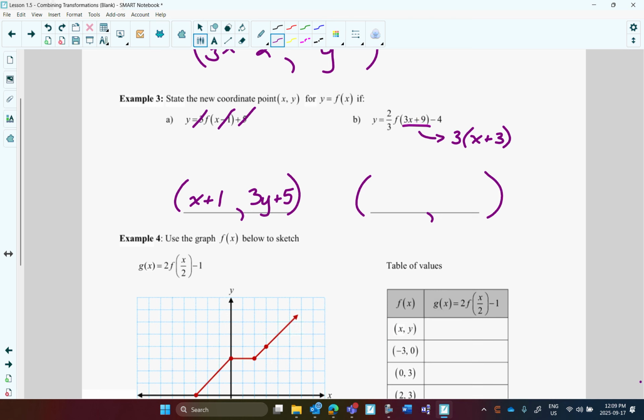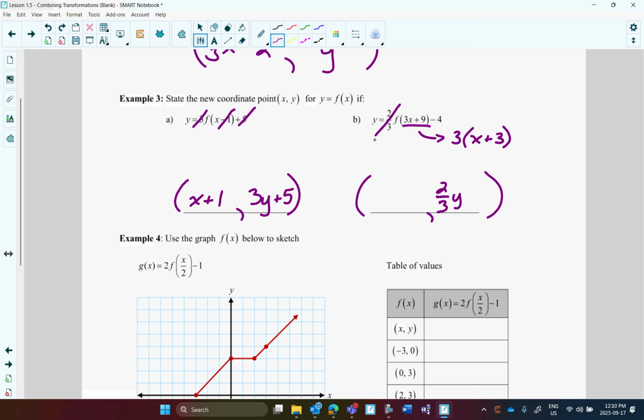Okay, the 2/3. What are we doing with the 2/3? It's being multiplied by every Y because it's a vertical stretch.